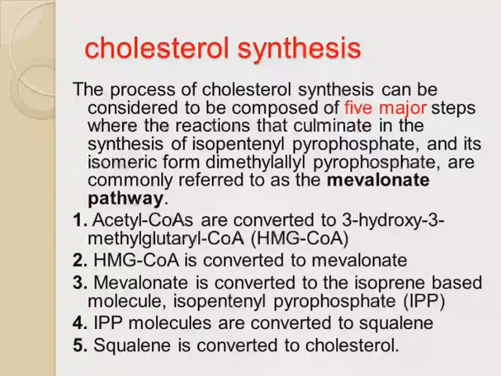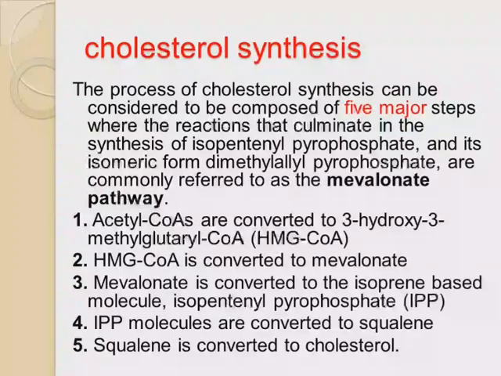Now in the first step, acetyl-CoA is converted to 3-hydroxy-3-methylglutaryl-CoA. Second, hydroxymethylglutaryl-CoA is converted to mevalonate. Third, mevalonate is converted to the isoprene-based molecule, which is isopentenyl pyrophosphate.